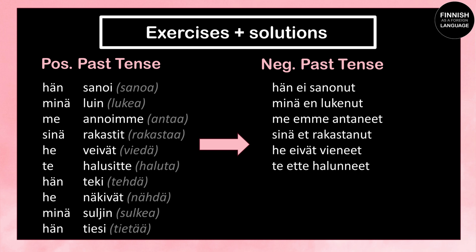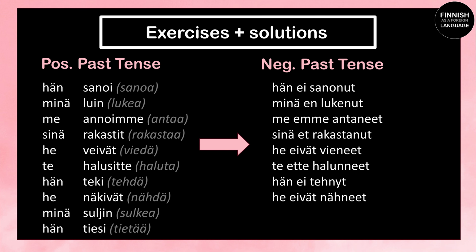They didn't want. Next one. Hän teki. He did. The negative imperfect is, very good. It's hän ei tehnyt. He didn't do. Next one. He näkivät. They saw. The negative imperfect is, very nice. He eivät nähneet.